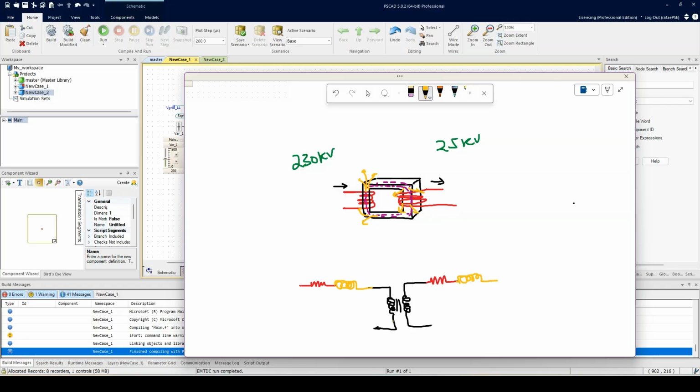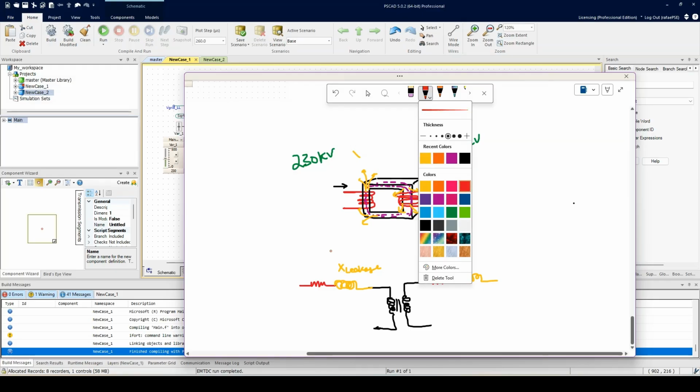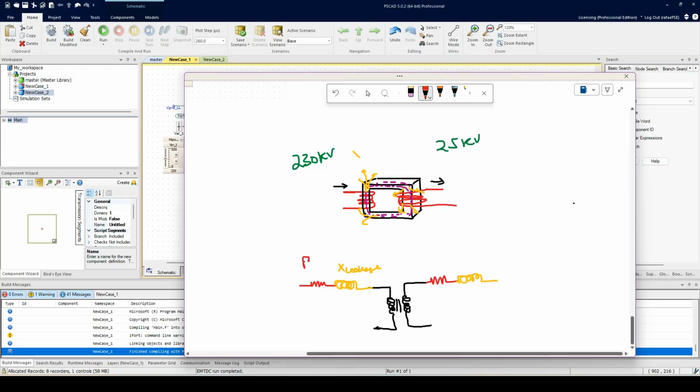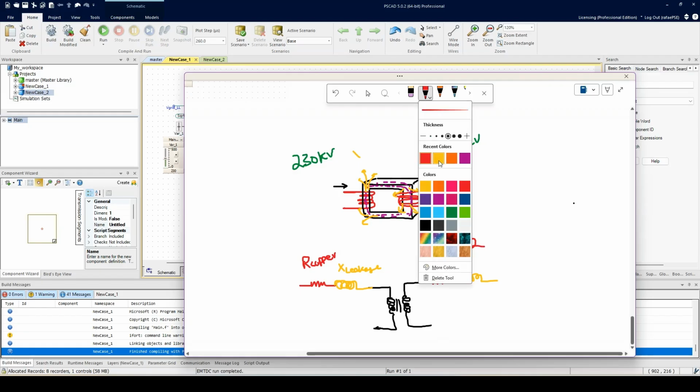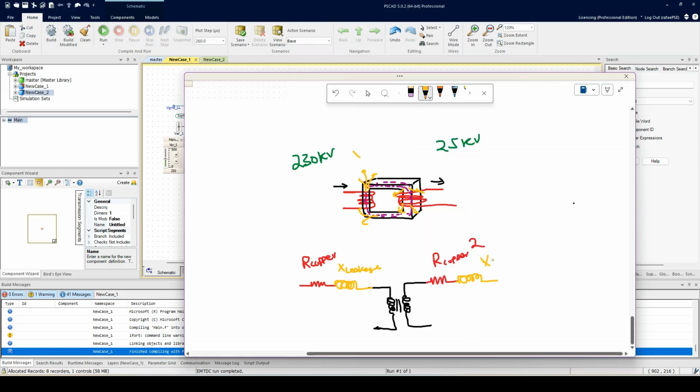This is called X, shown as impedance, and it is the leakage. Then in red, we had resistance, generally seen as copper. That is our copper for winding number 2, and this is the X leakage for winding number 2.